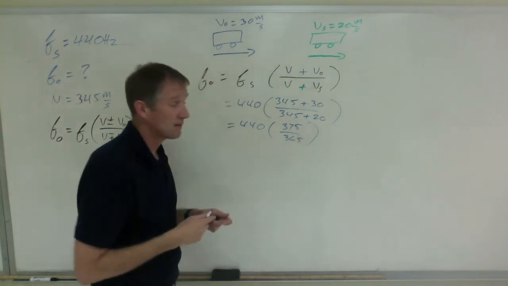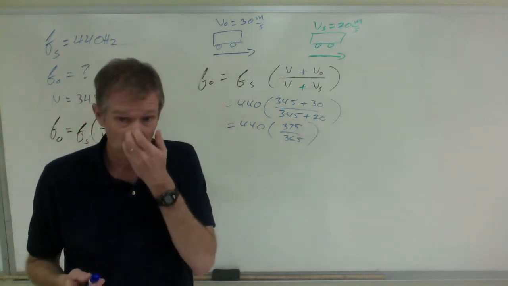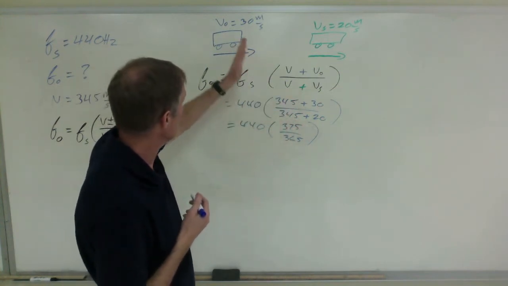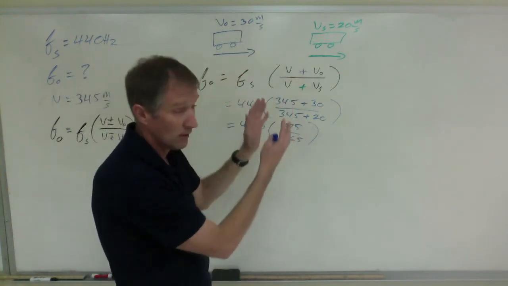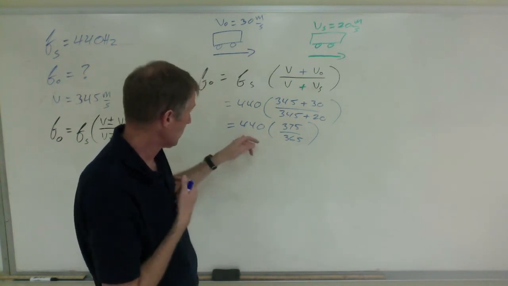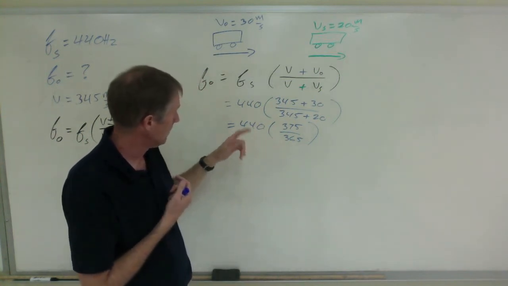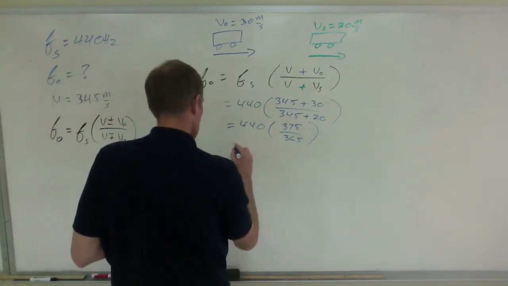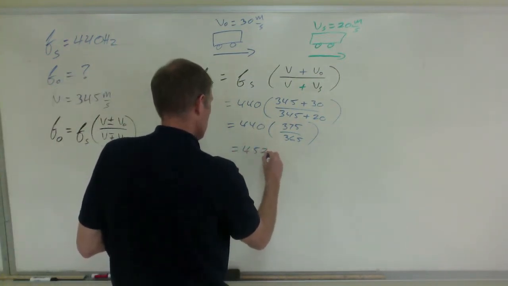By the way, I would expect in this particular example for the pitch to go up because that's faster than that. They're getting closer together as time goes on. And that's what we're going to get. It's not going to be a big difference, but it'll be a little higher than 440. And the answer is 452 hertz.